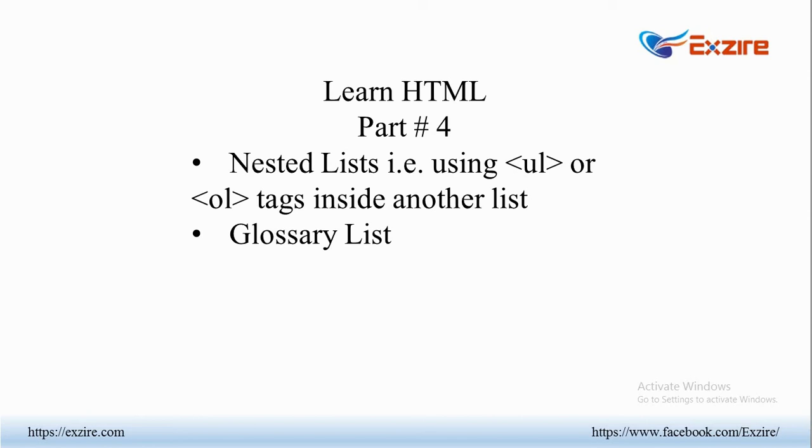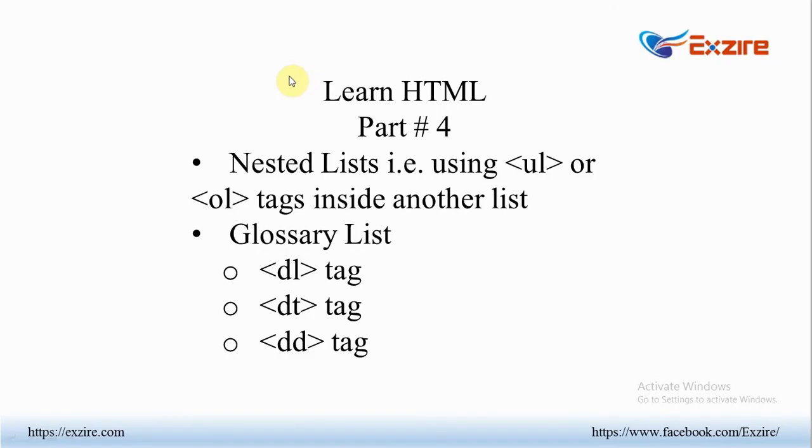But unlike UL and OL, glossary lists have the DL tag, that is the definition list tag, then the definition term tag, and definition detail. So basically this glossary list consists of these three tags. This is the starting of the glossary list, and when we have to end the glossary list, we put a slash before this DL.